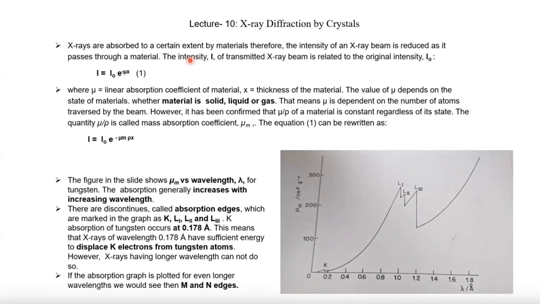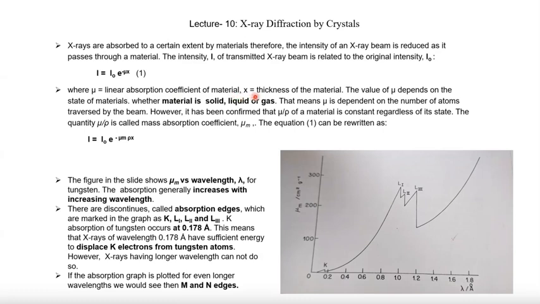Okay, this can also be said: the intensity of the transmitted X-ray beam is related to the original intensity. How is it related? The intensity of the transmitted beam is equal to the intensity of the original beam times e to the power minus mu x. What is mu? Mu is the linear absorption coefficient of the material.